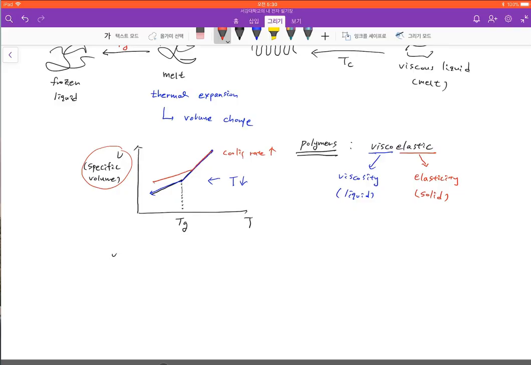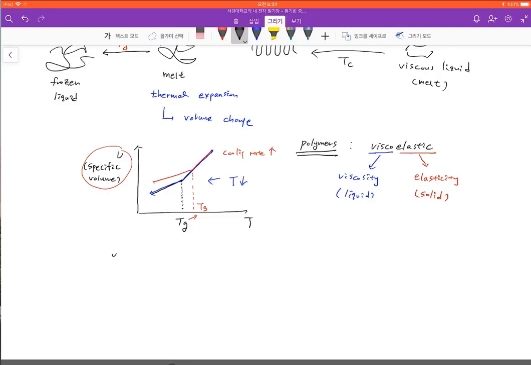The polymer chains do not move at all, right? So in that case, the glass transition temperature is higher than at a slow experimental rate, slow cooling rate. So glass transition temperature itself depends on the experimental rate, the time scale.